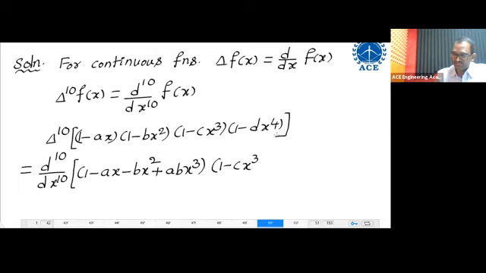Next, 1 into dx power 4, minus dx power 4; minus into minus, plus cx cube into dx power 4, that is cd x power 3 into x power 4, that is x power 7.